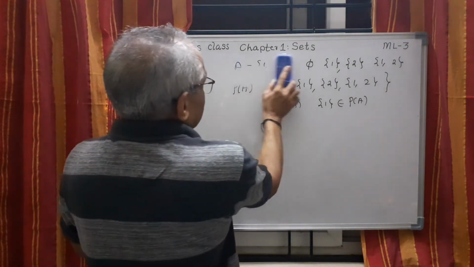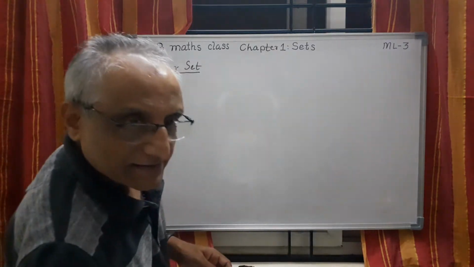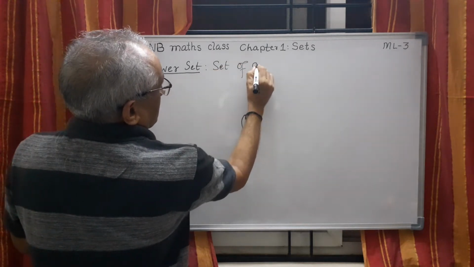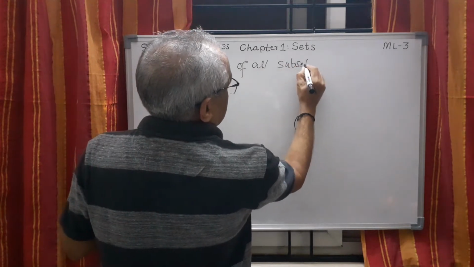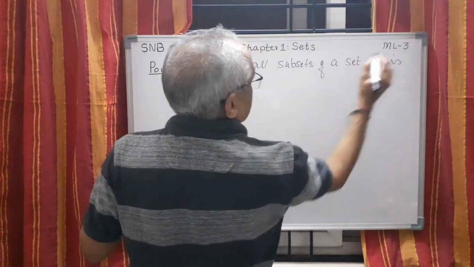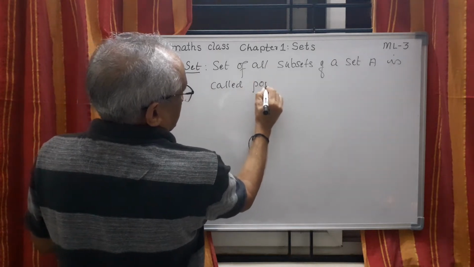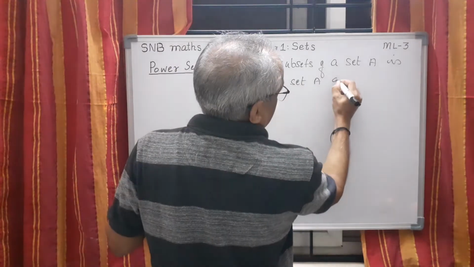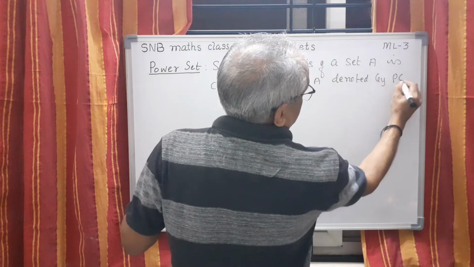Now let us define. So we can define the power set like this. Set of all subsets of a set A is called the power set of A, denoted by P(A).